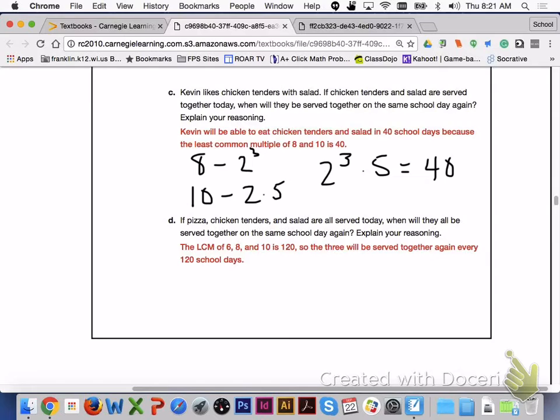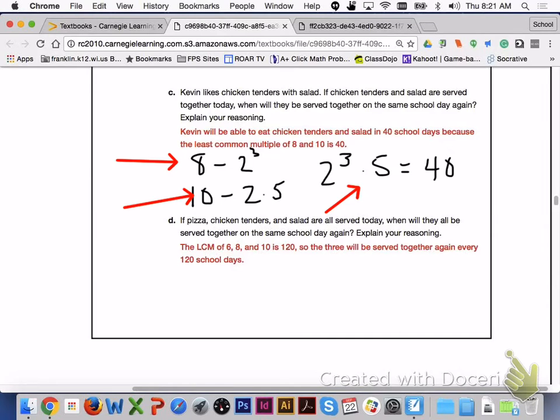For letter C, Kevin will be able to eat chicken tenders and salad in 40 school days because 40 is the LCM of 8 and 10. Again, I have the unique prime factors identified. I look at the greater powers of the unique prime factors. When I multiply them together, I get 40 for my answer.